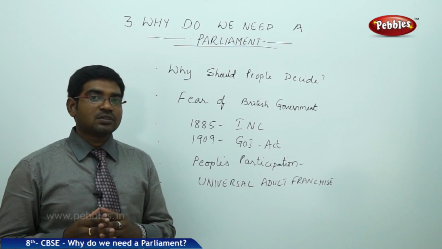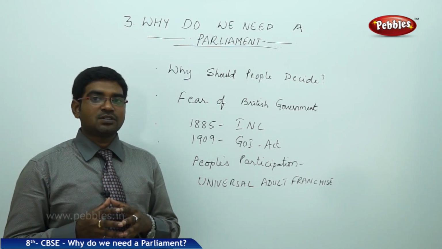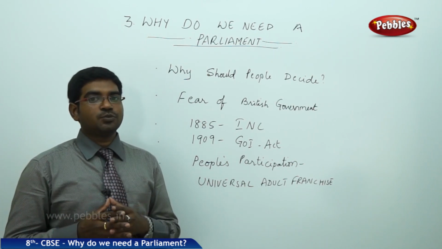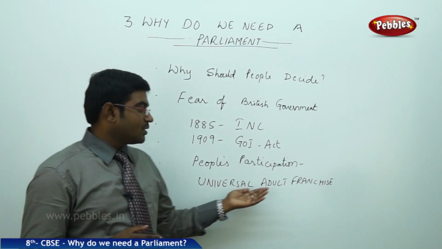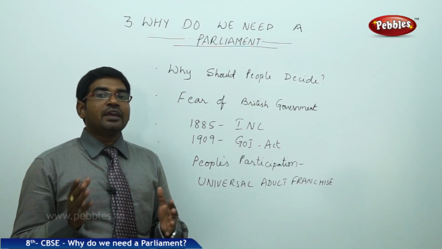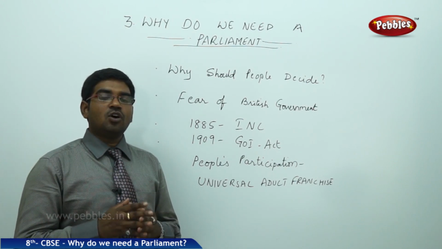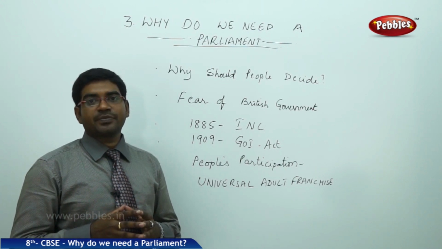So the framers of the Constitution, looking at the past experiences of what the Indians have gone through, gave the universal adult franchise to all Indians, irrespective of caste, color, creed, race, religion, or gender discrimination.